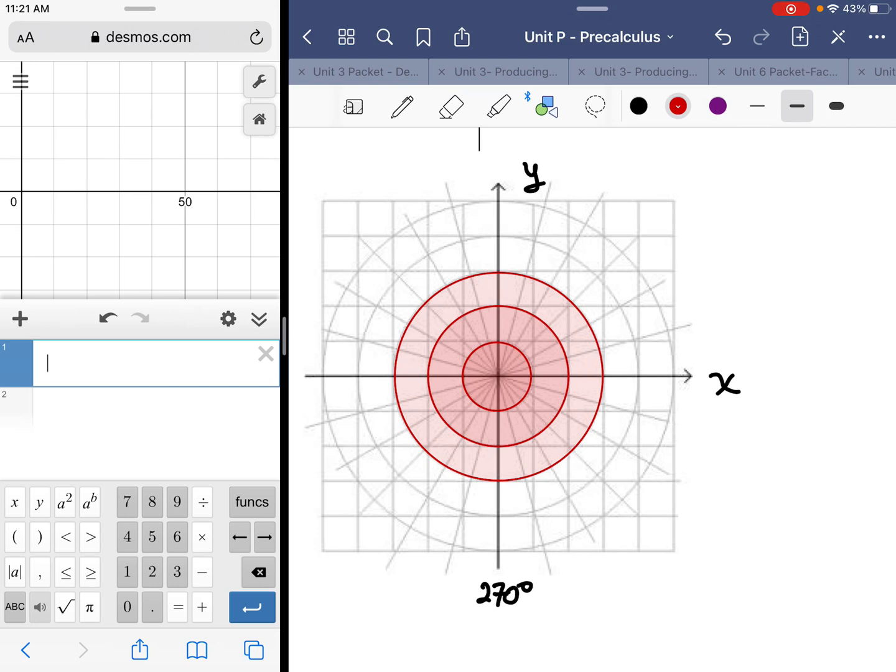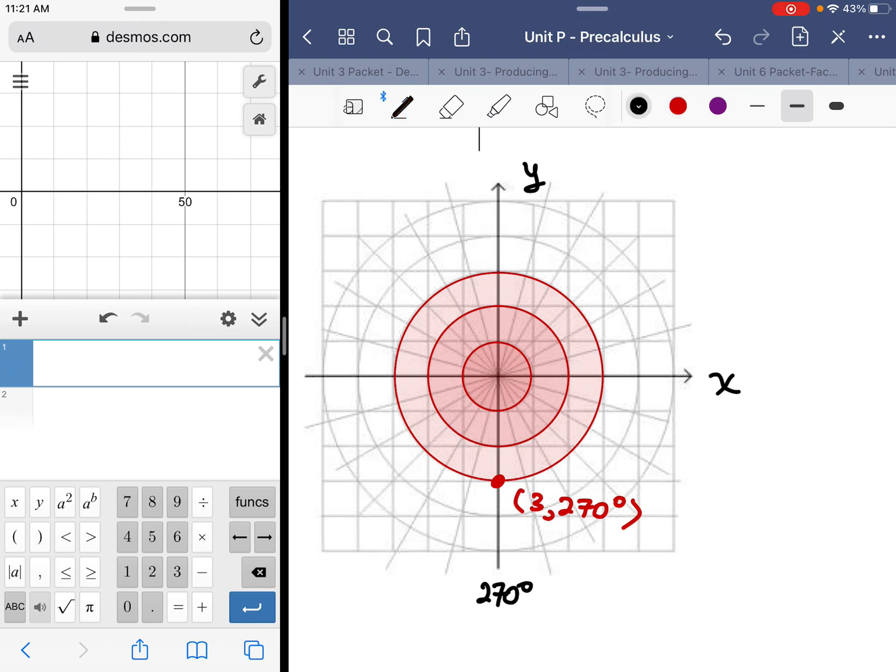So this would be 3 rings. I want 3 rings in the direction of 270. That would be right here. So that's 3, 270.